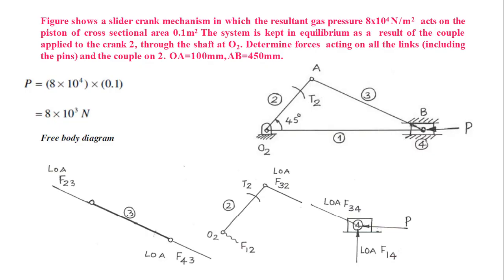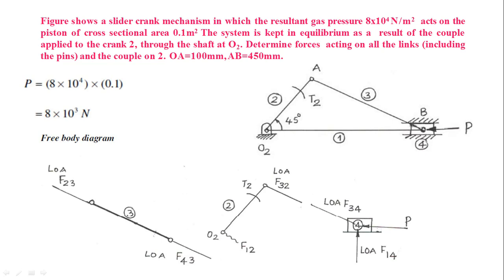Similar to the last problem, when the force is given on link 4, you can use it because the input force is given there, and once you know the value of P, the line of action for F34 and the line of action for F14, the directions, are already known to you.